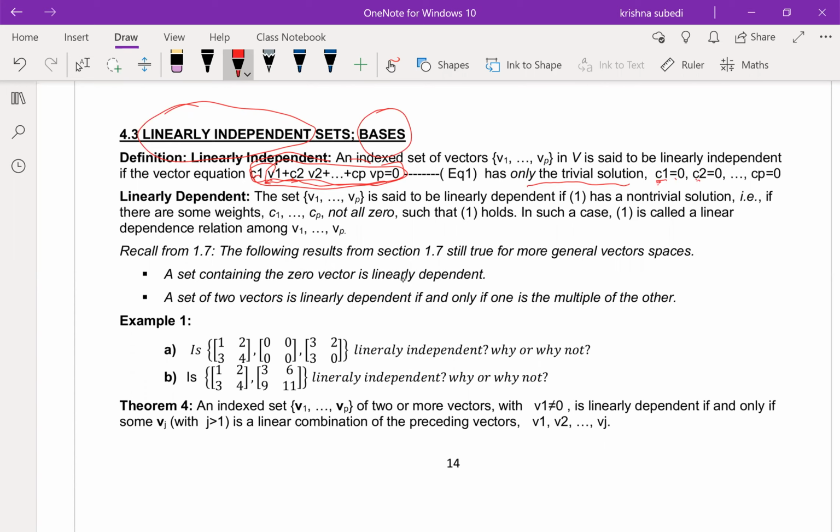When we are given a set that contains the 0 vector, then this is obviously a linearly dependent set. We discussed that. And a set of 2 vectors is linearly dependent if and only if one is a multiple of the other. So these are the things coming from section 7.1.